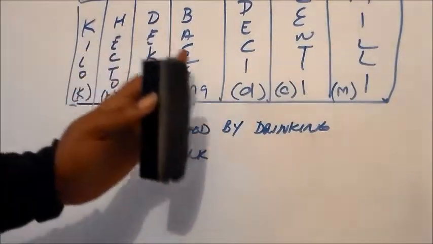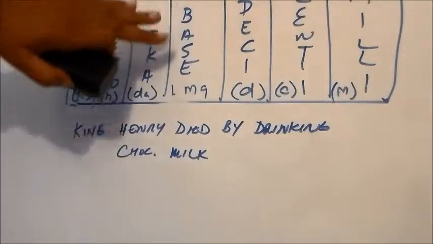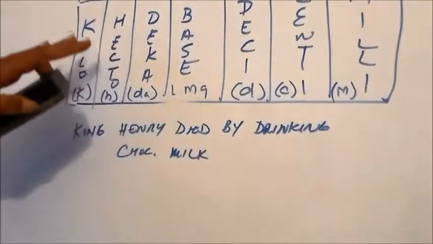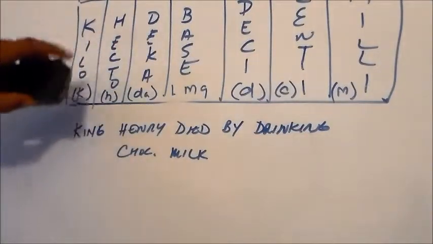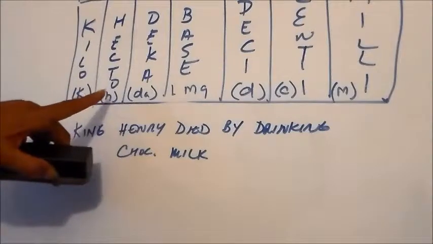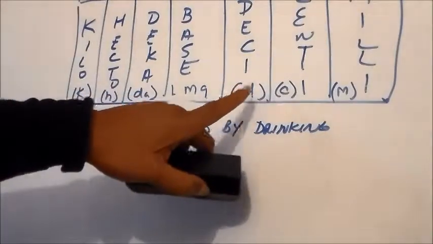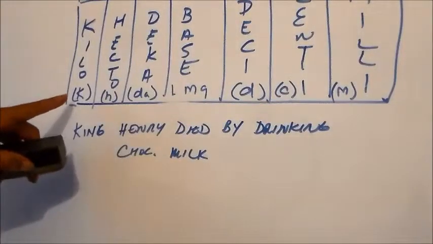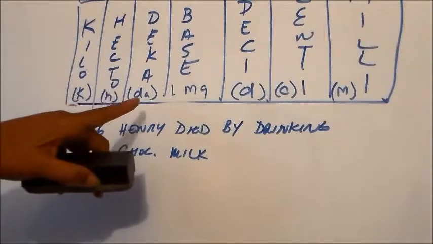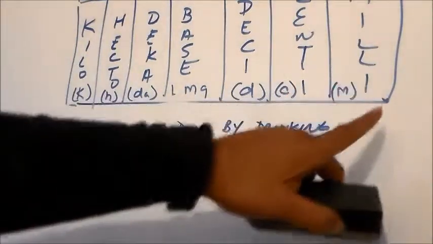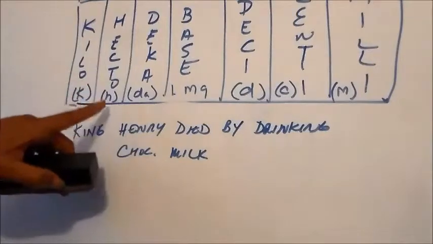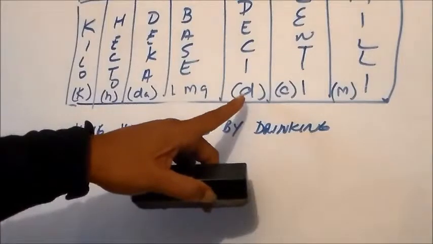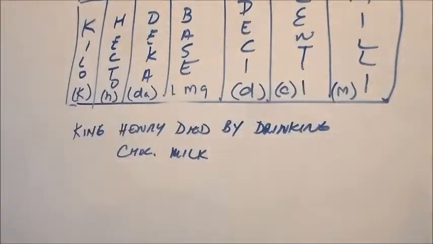Kilo, hecto, deca, base, which is the main unit, which would be a liter, meter, or gram, and then everything on the outside of the base gives it its prefix. If we were talking about liters: kiloliter, hectoliter, decaliter, deciliter, centiliter, milliliter. If it was a meter: kilometer, hectometer, decameter, decimeter, centimeter, millimeter. If it was gram: kilogram, hectogram, decagram, gram, decigram, centigram, milligram.